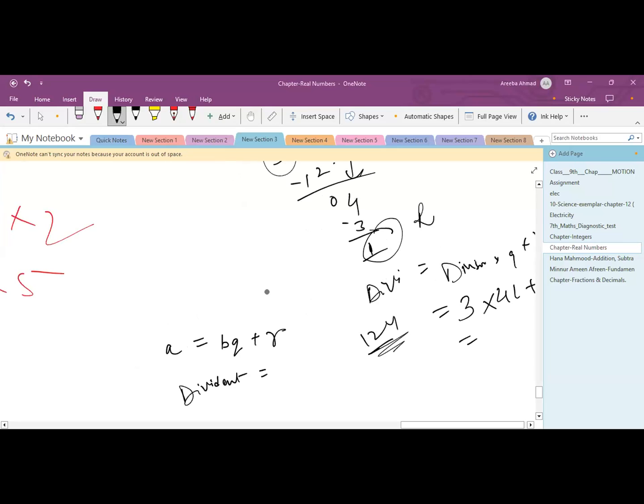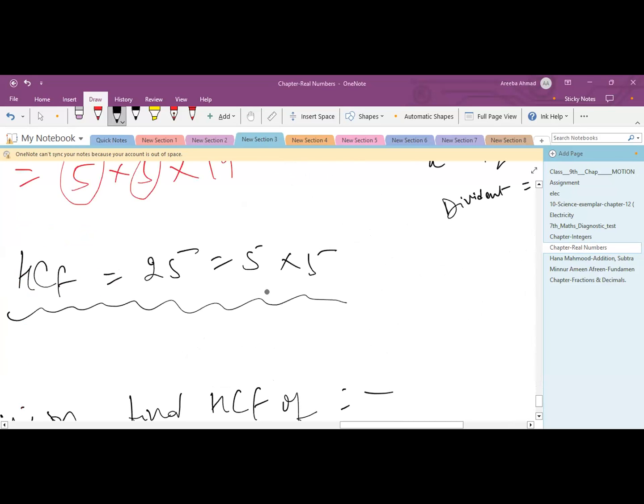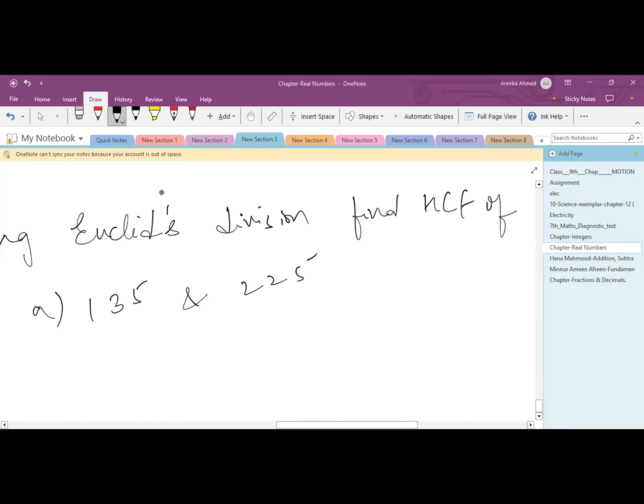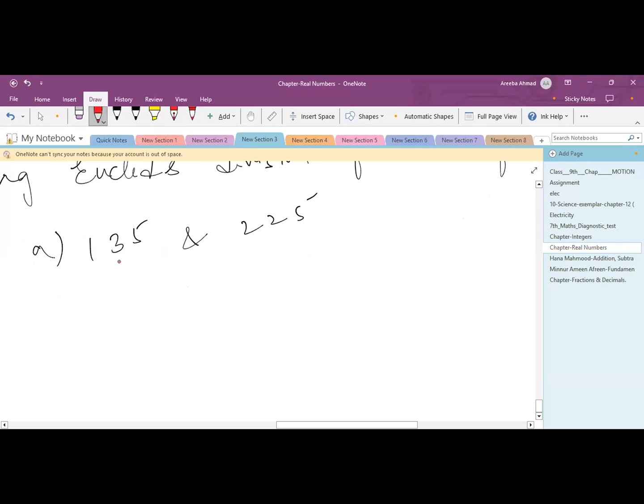I don't think Rumaisah might join today. Anyways. Okay, so I am solving the first part, okay? You guys will solve the second one, okay? If you have any confusion in any of the steps, do let me know. So I have these two numbers, 225 and 135, right, bache? Hello? Yes.